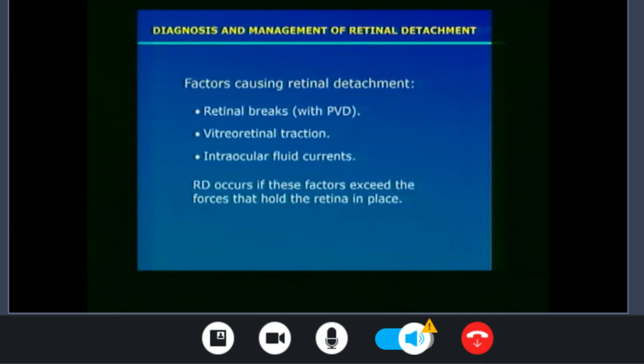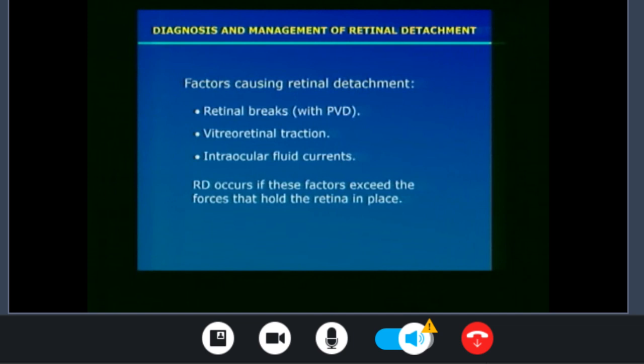So what are the factors that cause rhegmatogenous detachment? You need a break. But usually these breaks are caused by PVD. As I said, with asymptomatic breaks the risk of detachment is very low. So you need a break caused by PVD. You need vitreoretinal traction. When you have a horseshoe tear induced by PVD, the posterior hyaloid remains attached to the flap of the tear, causing persistent vitreoretinal traction.